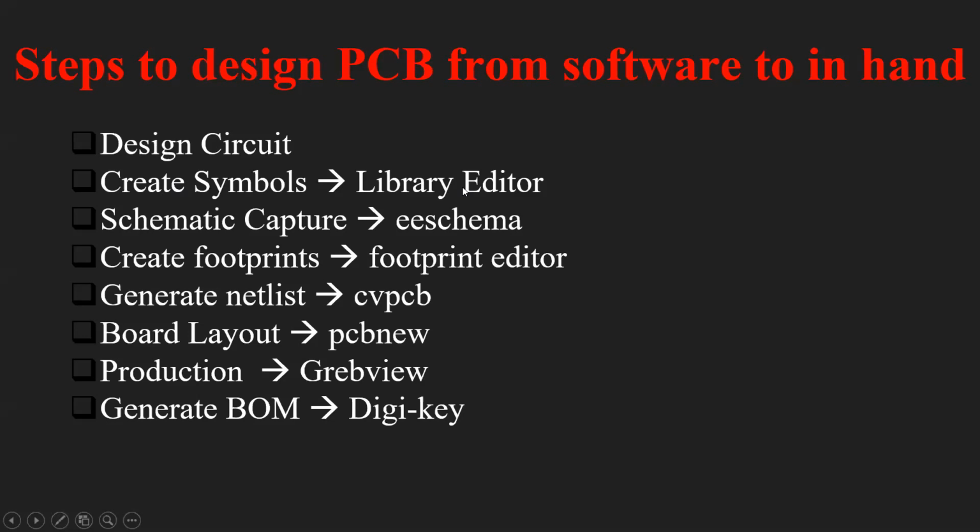I am focusing more on the KiCAD tool because we will be discussing KiCAD in this webinar. The second point is to create the symbol using the library editor, then schematic capture using Eeschema, then create the footprints using the footprint editor, then generate the netlist.